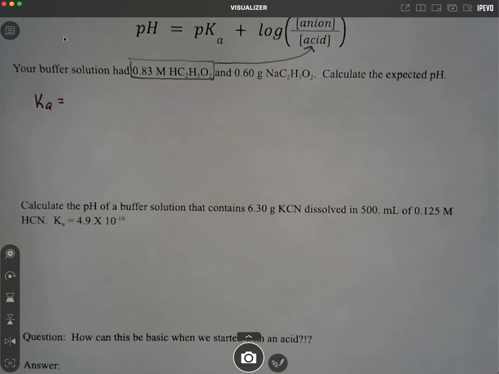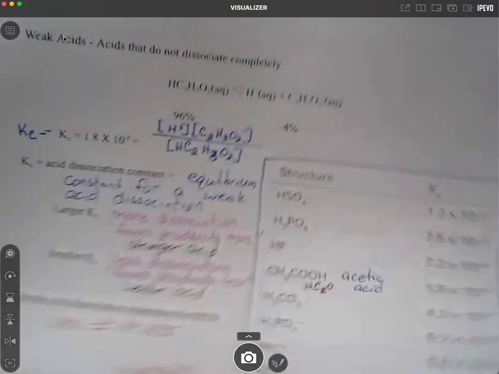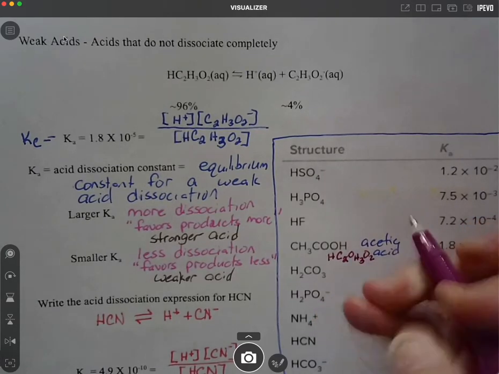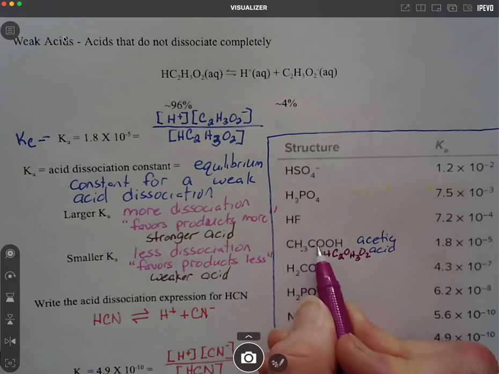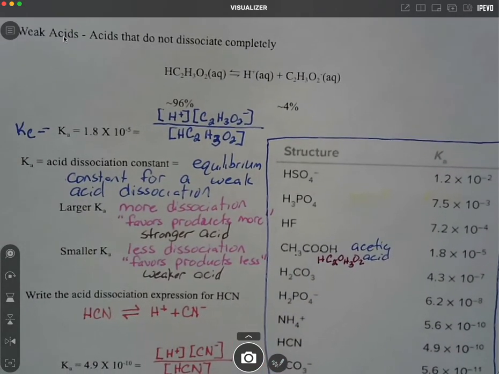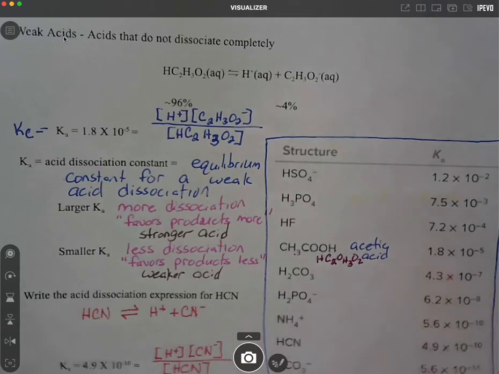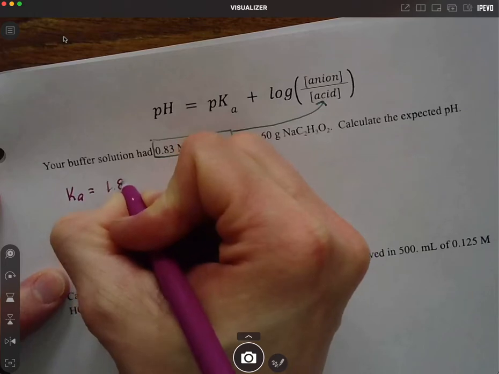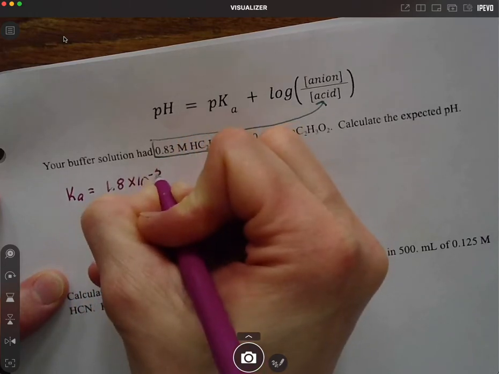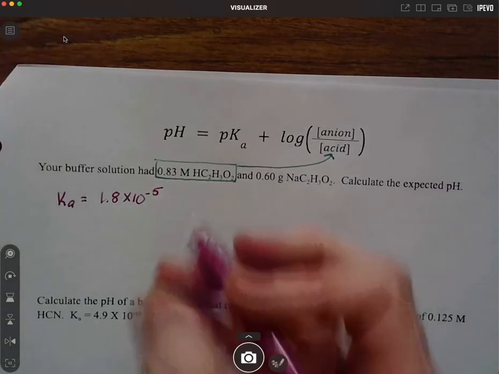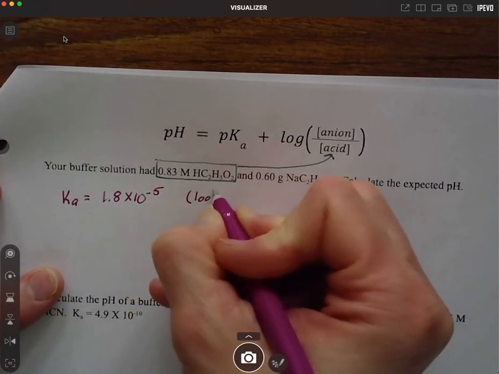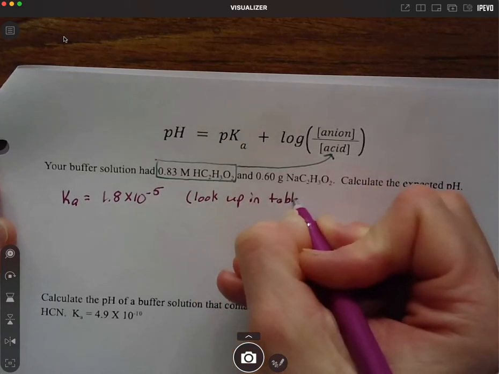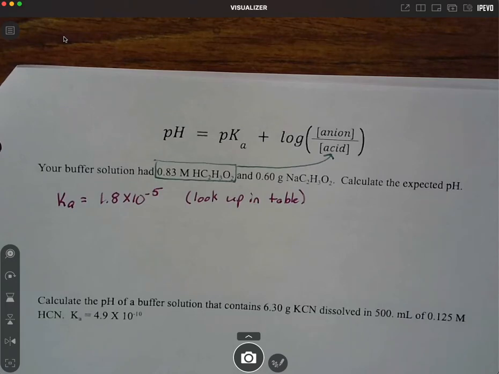We've got ours written as C2H3O2, which is the two C's, the H3, the O2, and the H. So we've got ours written a little bit differently. So 1.8 times 10 to the negative fifth. So that number we looked up in a table. So that's how we're going to get that number.